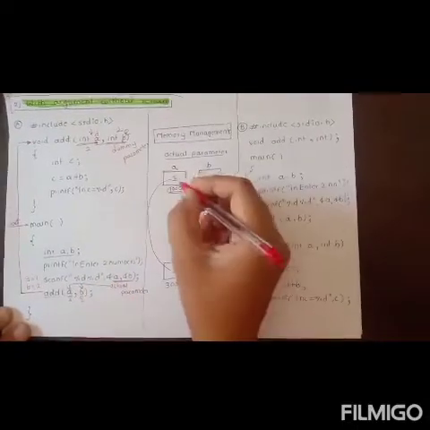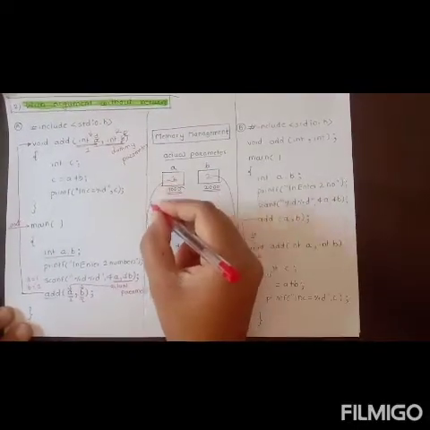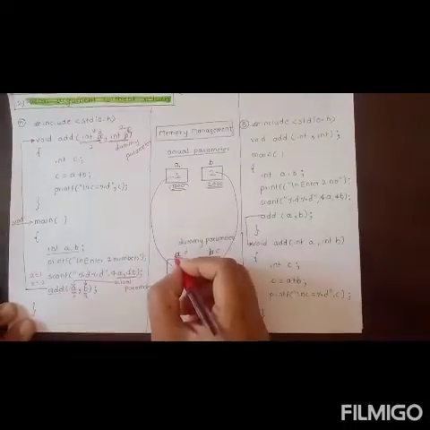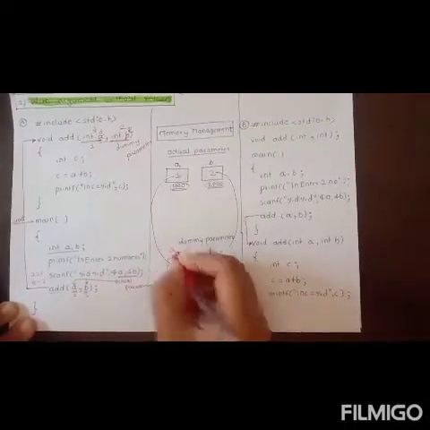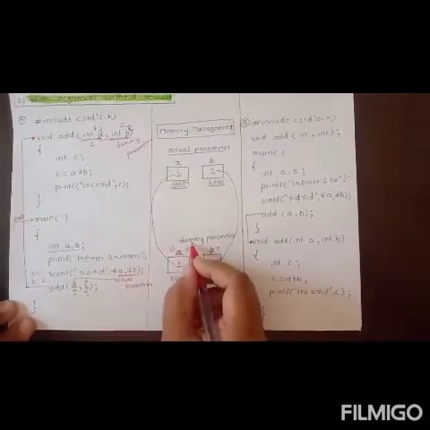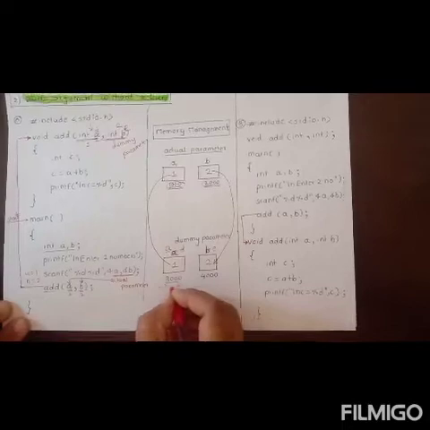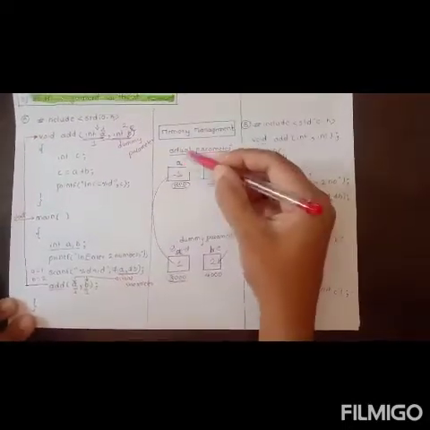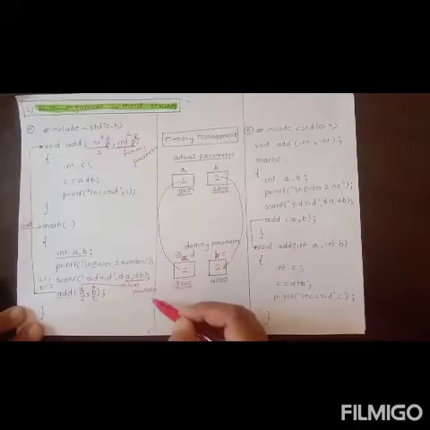Now these values you are sending to the dummy parameters, and instead of d, if I keep this a as it is, then this a is a dummy parameter, and the memory assigned for this is 3000. So this a is different, this a is different.